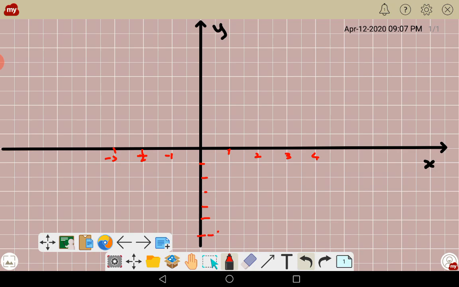This is negative 6, negative 5, negative 4, negative 3, negative 2. So you can start from here. 1, 2, 3, 4, 5, 6, and negative 1, negative 2, negative 3, negative 4, negative 5, negative 6, and so on, isn't it?